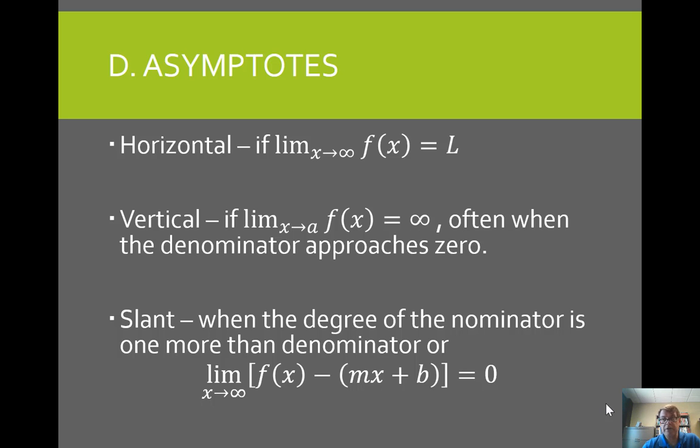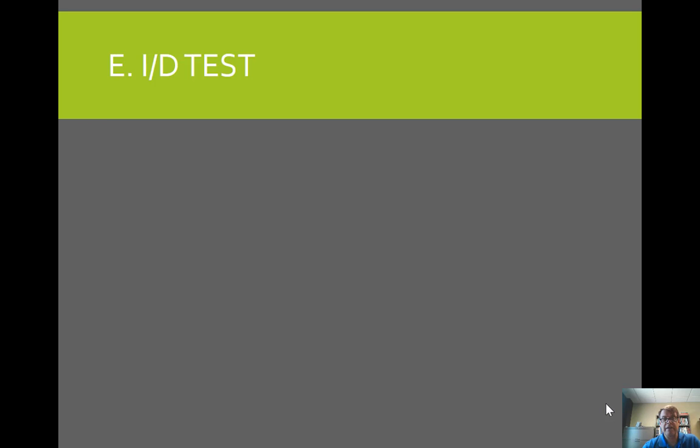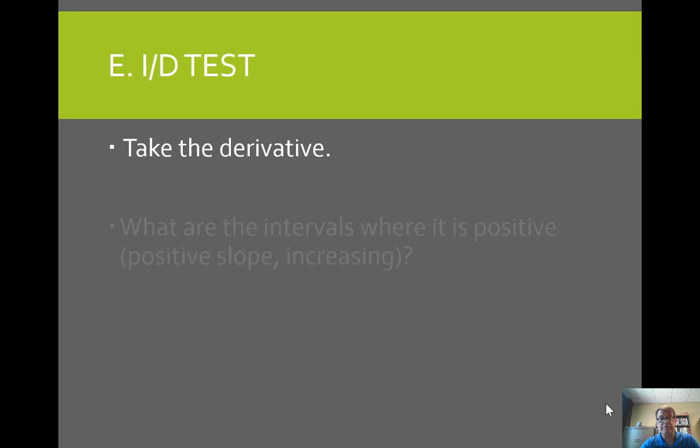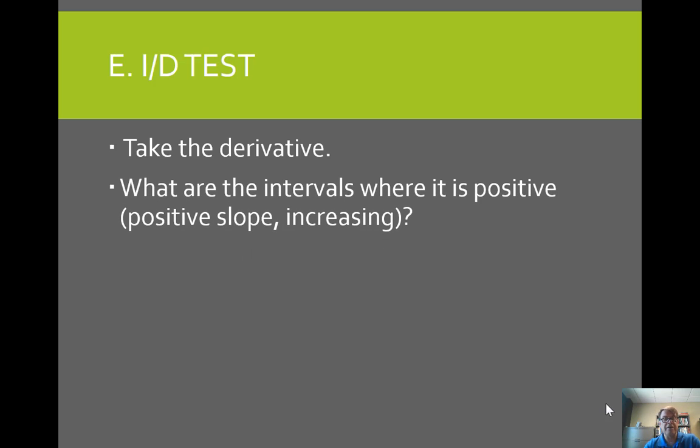Okay, so intercepts, domain, symmetry, asymptotes, and now the increasing, decreasing test, the ID test. This comes in the 4th chapter of Stewart, after the chapter on finding derivatives. So if you know how to do a derivative, take the derivative, and then find the intervals where the derivative is positive.